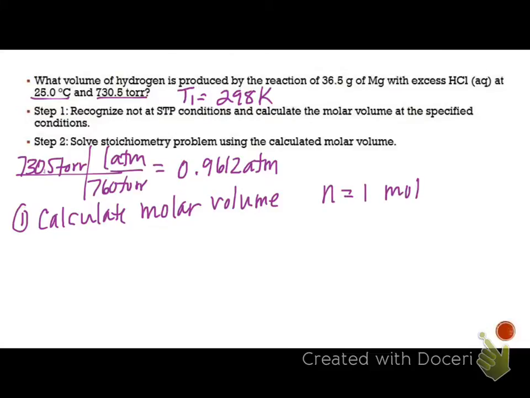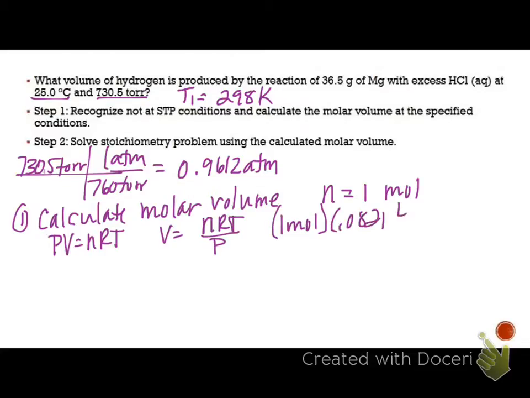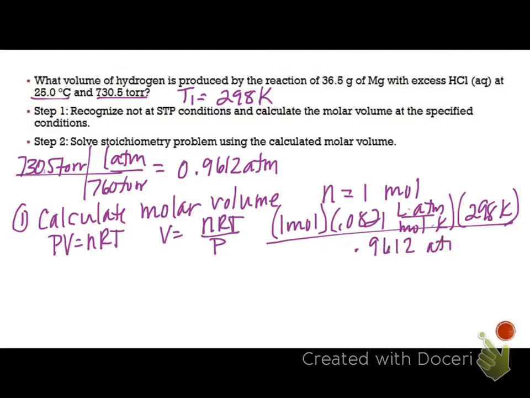We're going to use PV equals nRT, solving for V, so we will have nRT over P. So 1 mole, our R value is 0.0821 over mole K, times our temperature of 298, divided by our pressure of 0.9612 atmosphere.